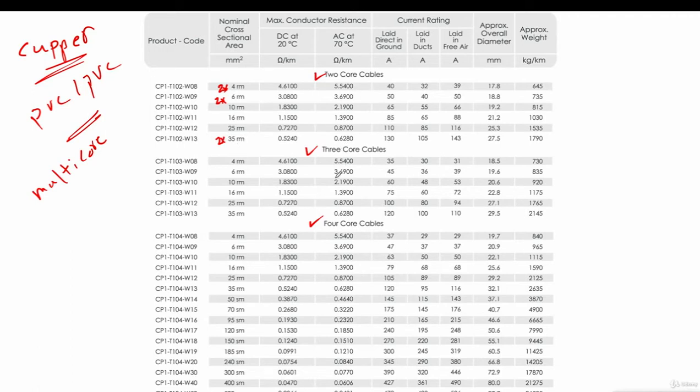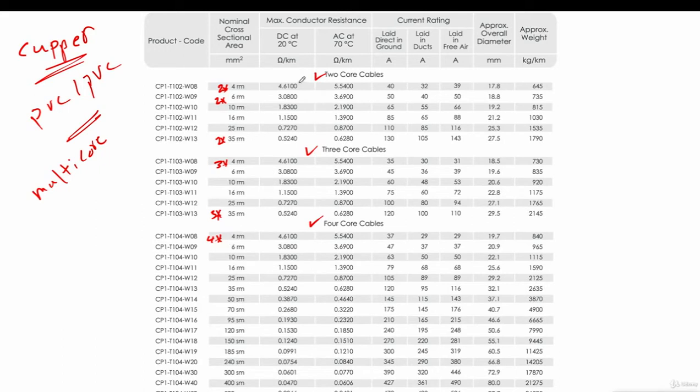And for 3 core cables, this means that we have 3 cores of these cross sections, and for the 4 core cables, it means that we have 4 cores of this cross section, and the 4 cores are the same cross section.